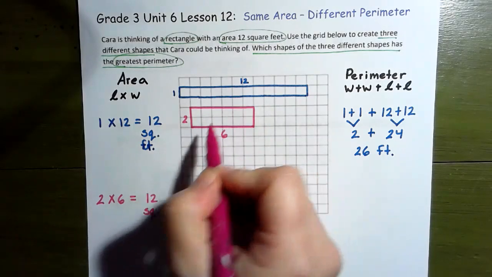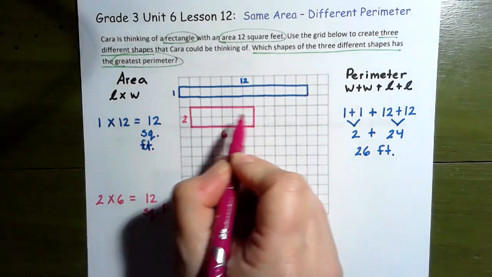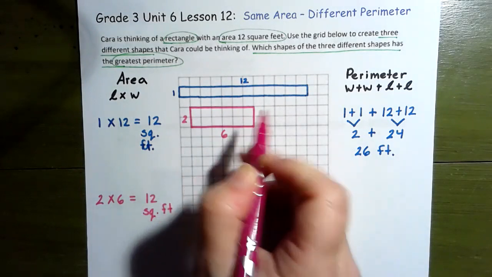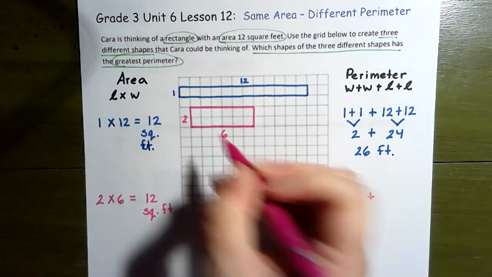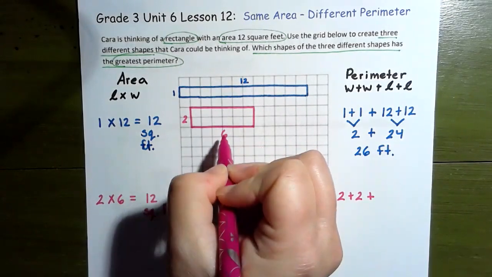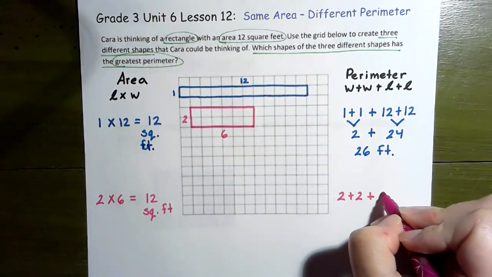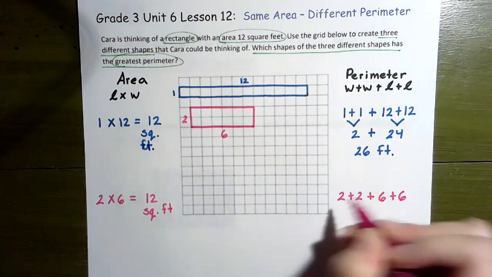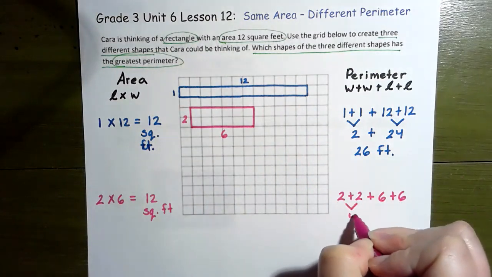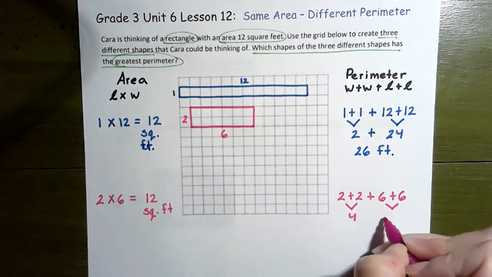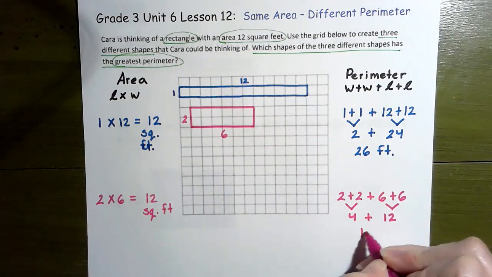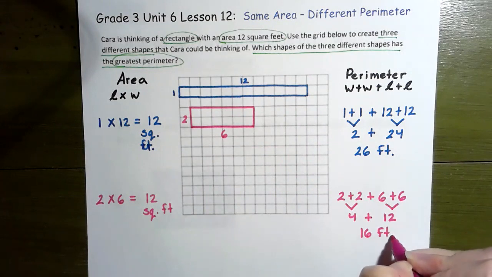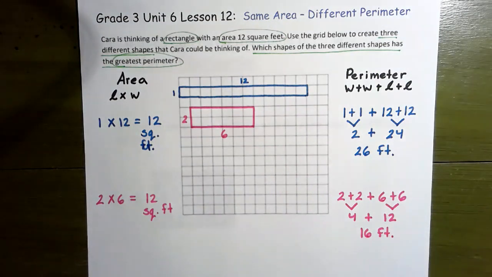The perimeter would be width plus width, which is 2 plus 2, plus length plus length, 6 plus 6. 2 plus 2 is 4, and 6 plus 6 is 12. So 4 plus 12 is 16 feet. Great.